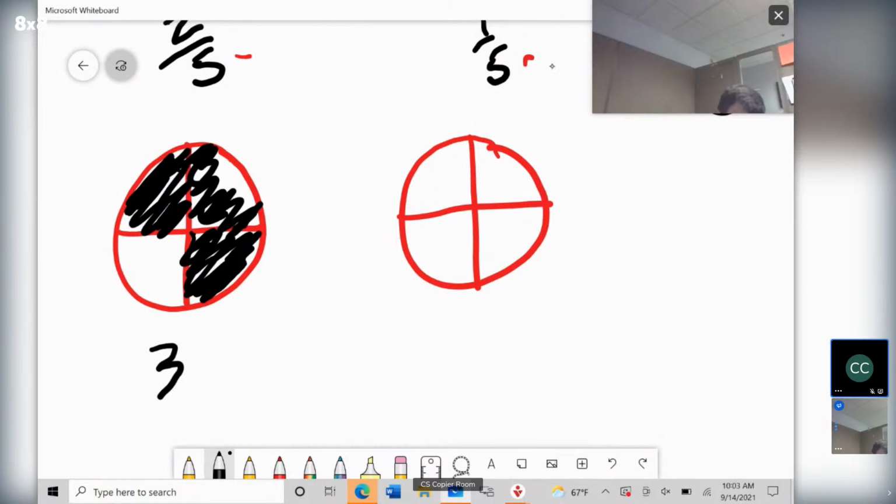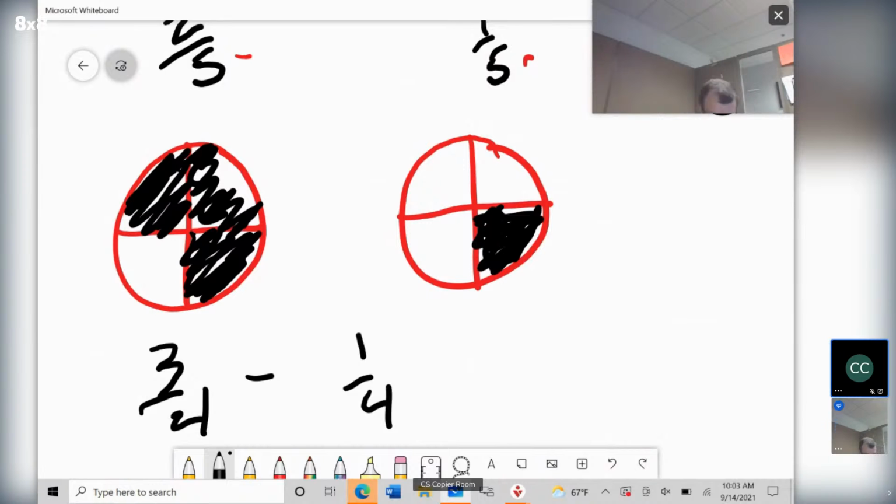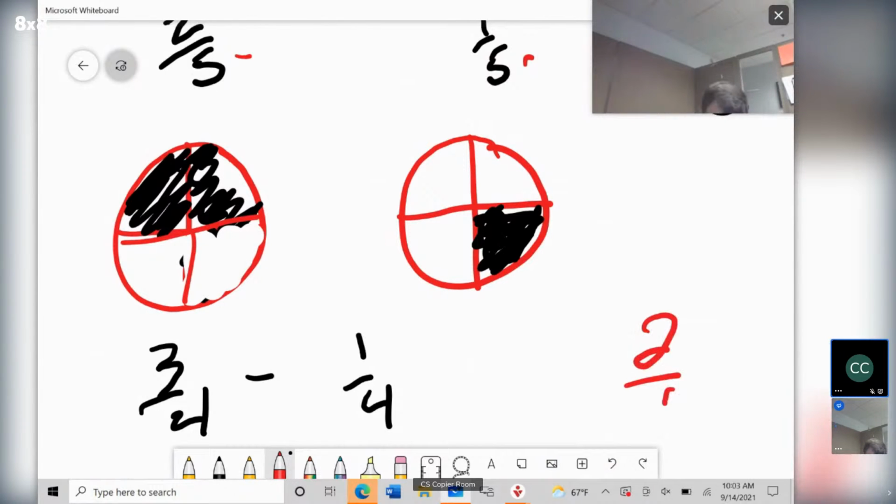And we're going to minus 1/4. So in essence, all we're doing is subtracting 1/4 from this one over here. One way you can think about it is if we just erase one of the fourths, we're going to be left with 2/4.